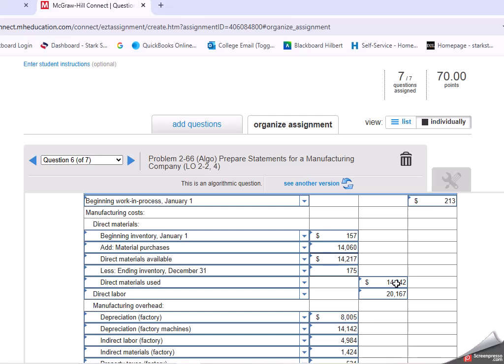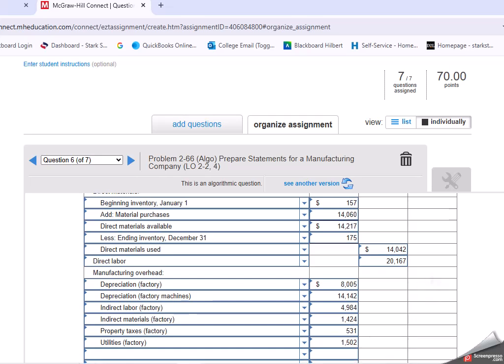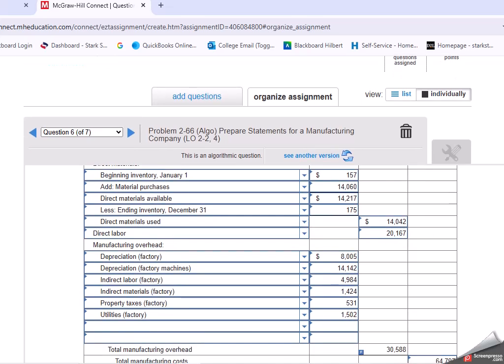And then those would be going into our work in process. And then our direct labor is going to go into our work in process. Obviously, it's no part of our direct materials. Then we map out, well, what happened in our manufacturing overhead. Now, sometimes this is just given to you as a dollar amount.